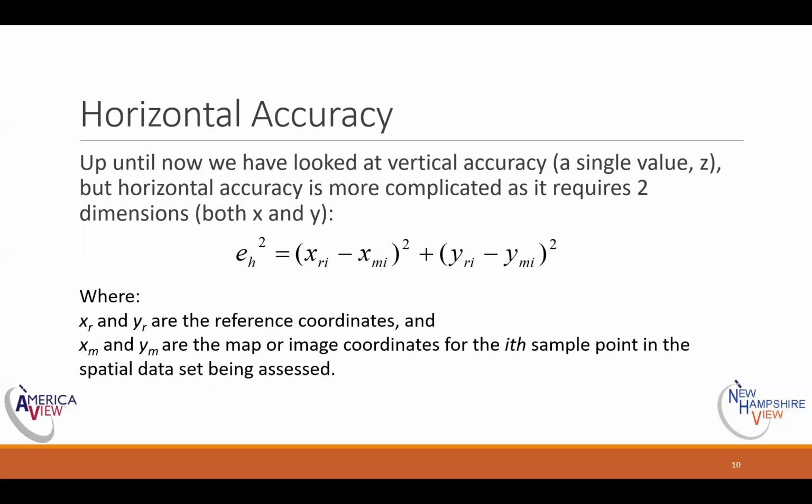Now you're subtracting the reference coordinate from the map coordinate in the X direction, and the reference coordinate from the map coordinate in the Y direction. And then you're squaring those, adding them together, and then taking the square root of the sum of all of those. So it's exactly the same process.